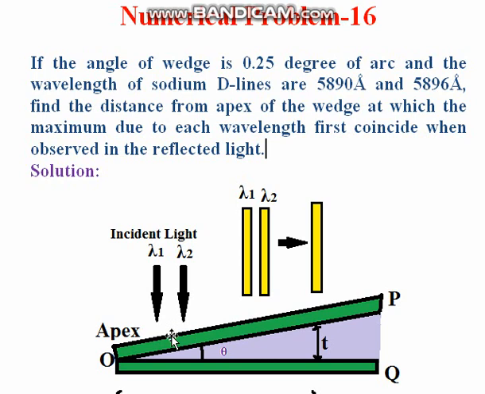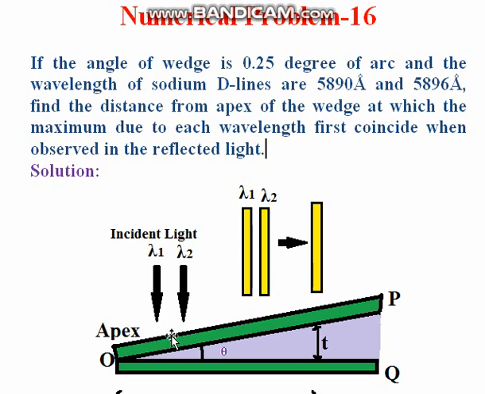What will happen? For each wavelength there is one interference fringe pattern. So basically we obtain two patterns, one for lambda 1, the other for lambda 2, and when we observe the pattern, we observe the resultant pattern of these two wavelengths.